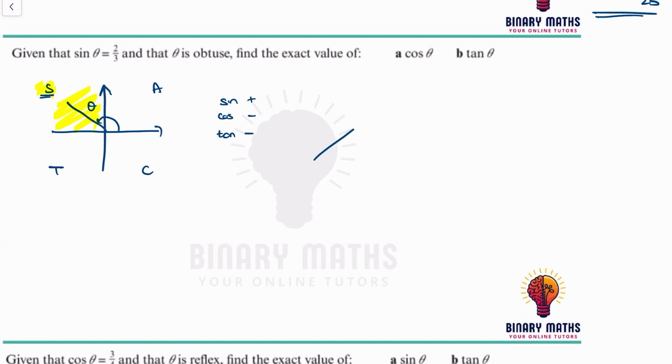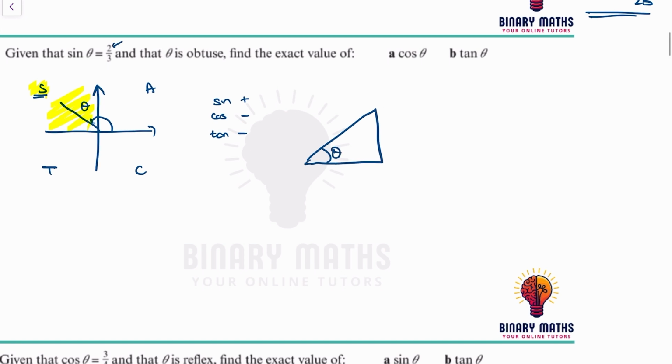And then we have the right angle triangle. Sine theta is opposite over hypotenuse, so opposite must be 2, hypotenuse must be 3. So if I want to find adjacent, it's 3 squared, take away 2 squared, using Pythagoras, which is 9 take away 4, square rooted, which is square root 5.